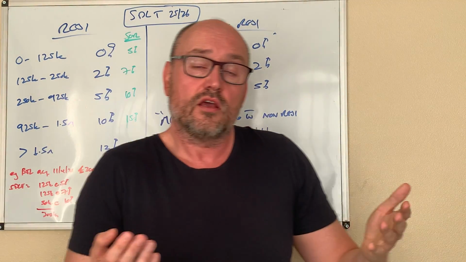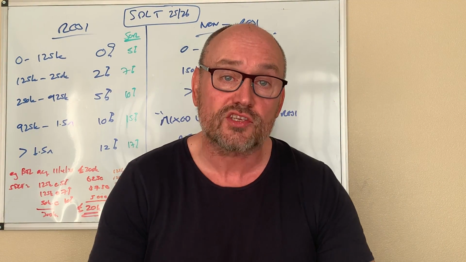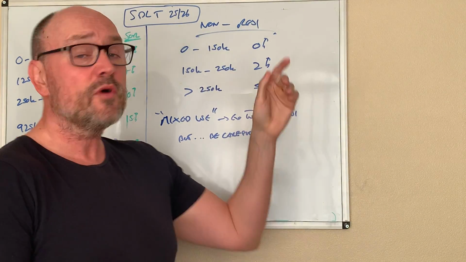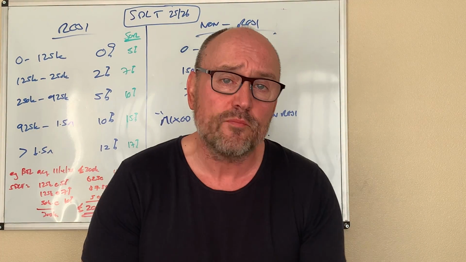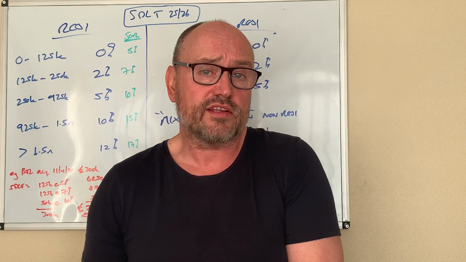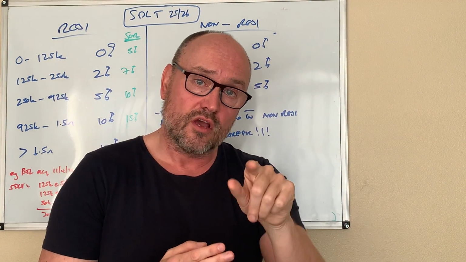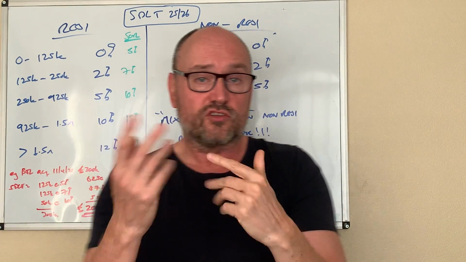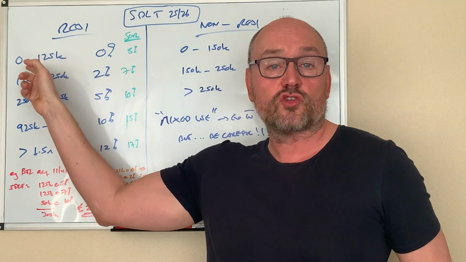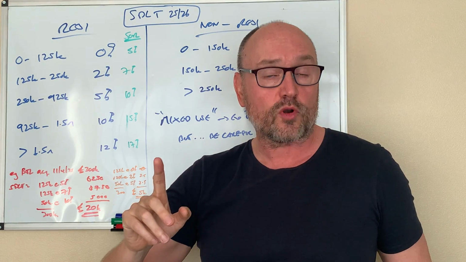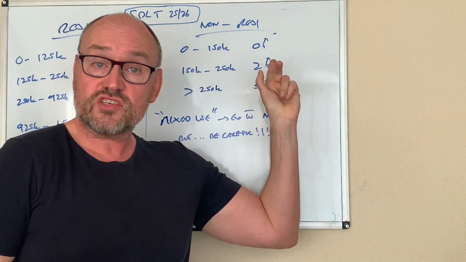So, non-resi, otherwise known as commercial. Commercial rates have always been more favourable than residential rates. The first 150,000 for commercial is taxed at zero. Just a little compare and contrast: for resi, it was 125 at zero for the sold property. Commercial, 0%.